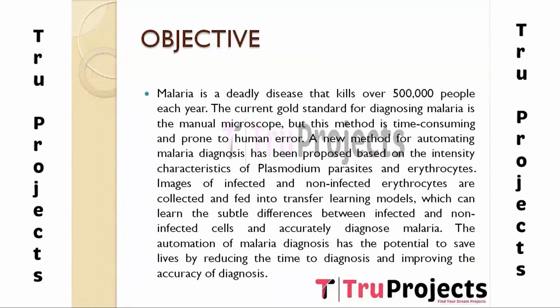By collecting images of infected and non-infected erythrocytes and employing the transfer learning model, the system can discern the subtle differences between the infected and healthy cells, enabling accurate malaria diagnosis. This automated technique has the potential to save lives by expediting the diagnosis process and enhancing the diagnostic accuracy.